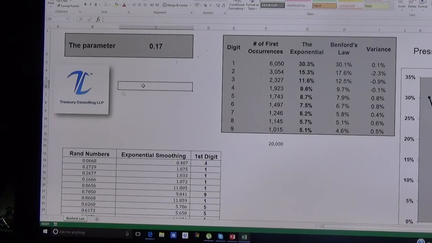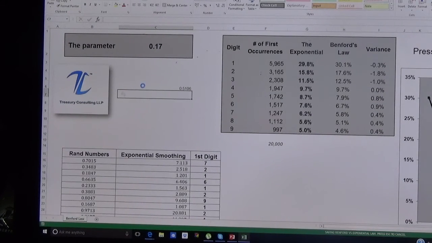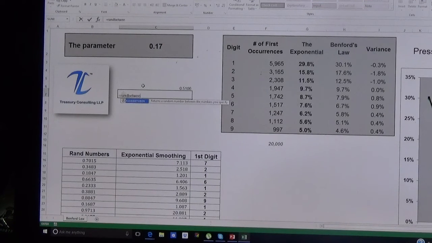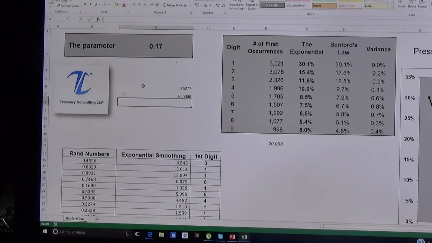The computer said, Rahul, you just say RAND and press enter, and I will give you a value between 0 and 1. I said, what if I want a number between 1 and 2, or any two numbers? He said, in that case you should use a formula called RANDBETWEEN, and put 1, 100. Then I will give you any numbers.